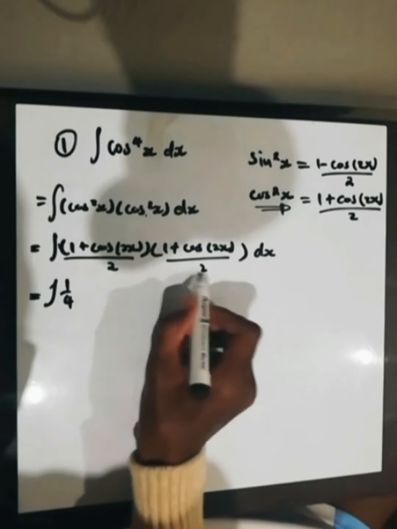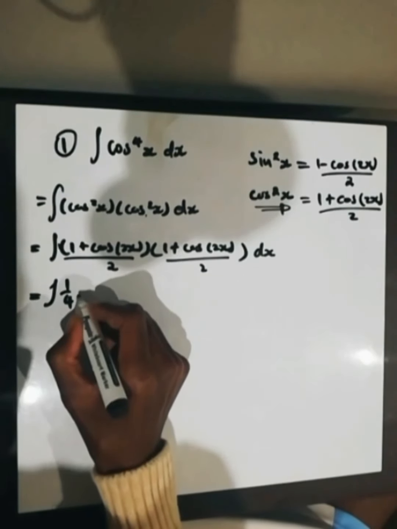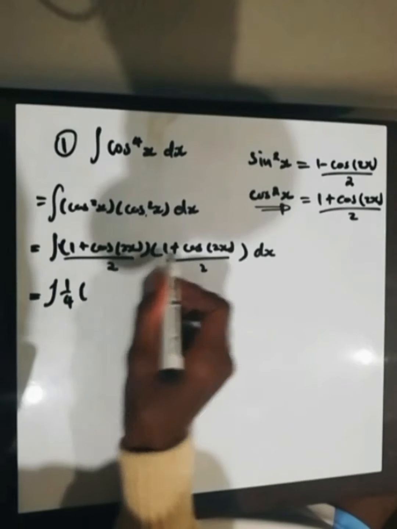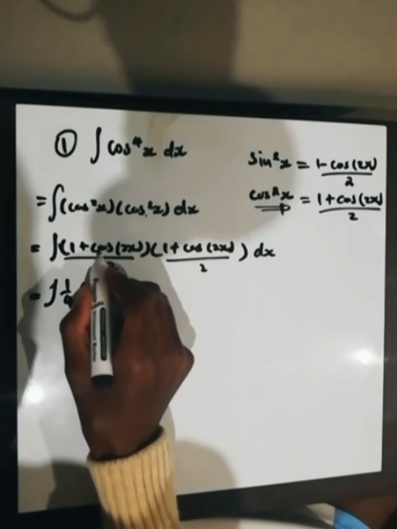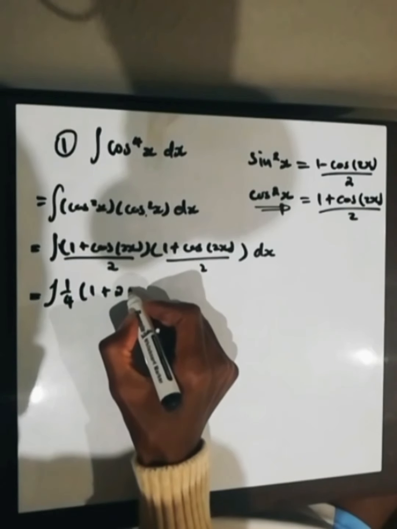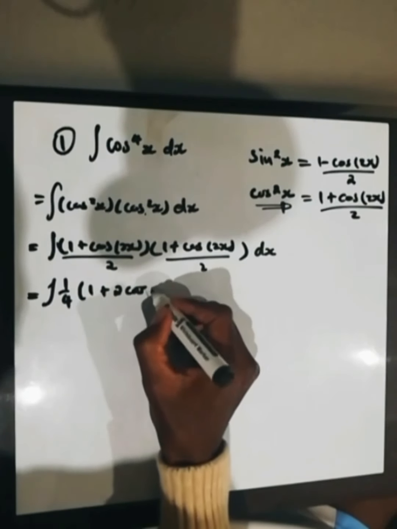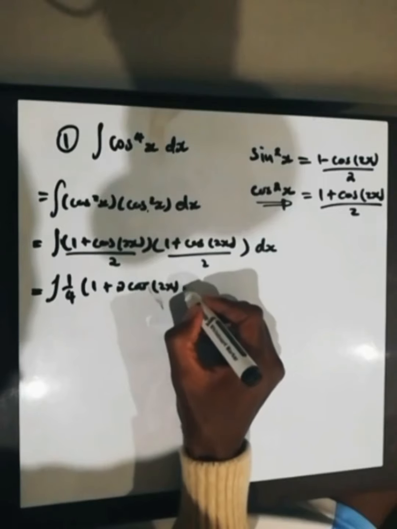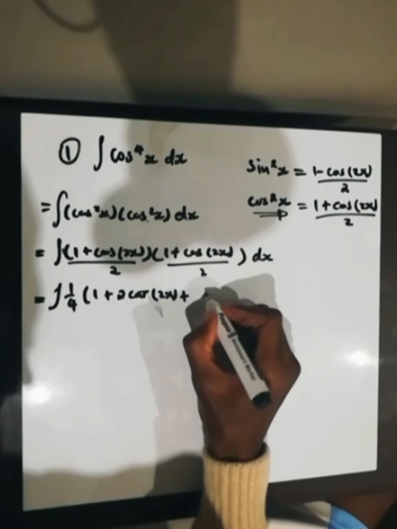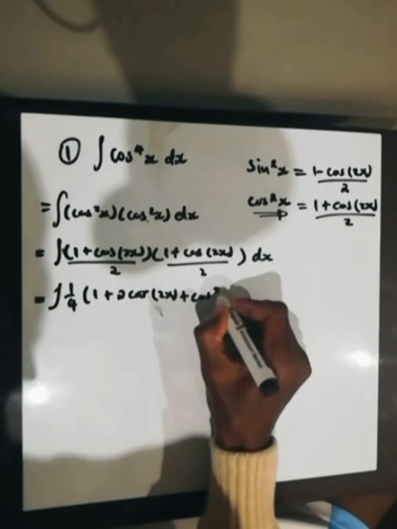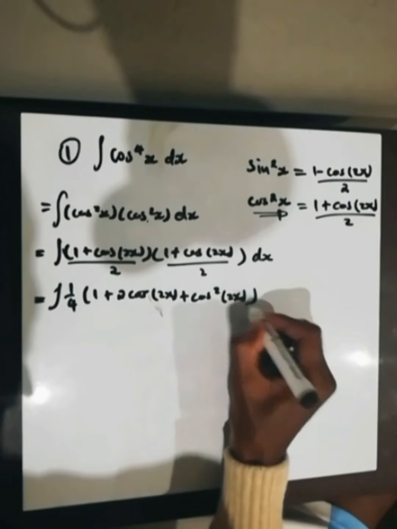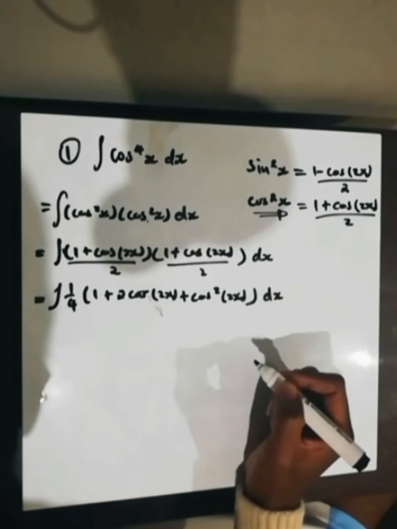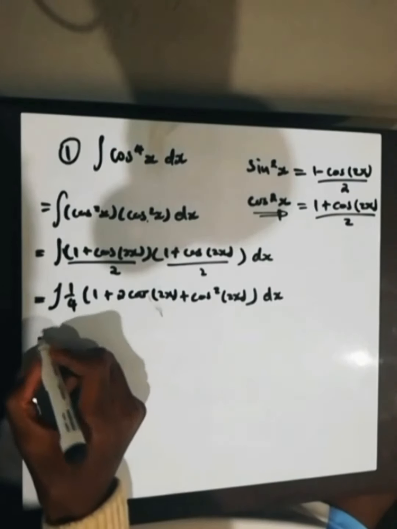Inside we're going to have 1 times 1, it's 1 plus 1 times cos 2x, and 1 times cos 2x gives us 2 cos of 2x, plus the last term gives us cos squared of 2x. This is still integrated with respect to x.